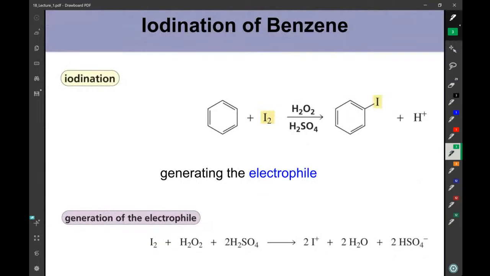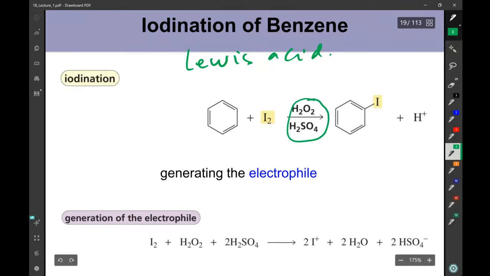Now, we've talked about chlorination, we've talked about bromination. The next thing we'll look at is the iodination, how to add iodine to a benzene ring. Unlike bromination and chlorination, where we need a Lewis acid, in the iodination, we simply use a peroxide, hydrochloric, and sulfuric acid.